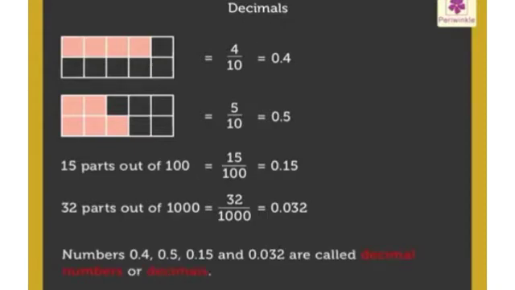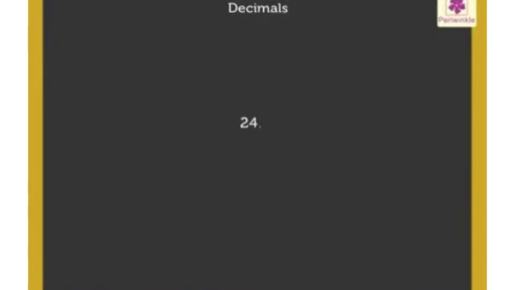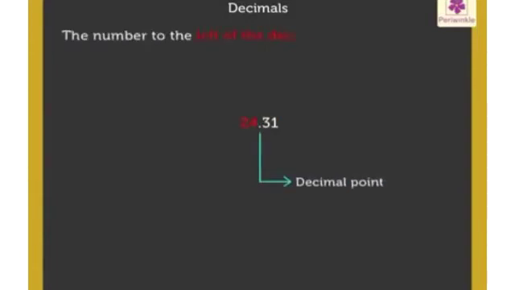Now 24.31. Here 24 and 31. In between these two numbers there is a point, with a left side and a right side. The dot in between 24 and 31 is called the decimal point.